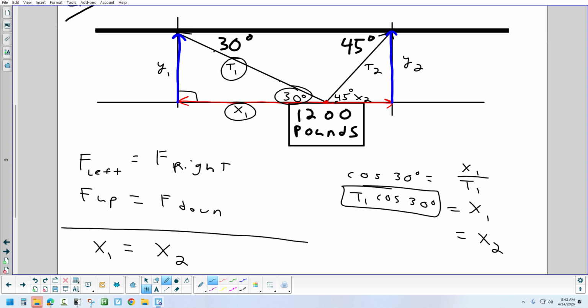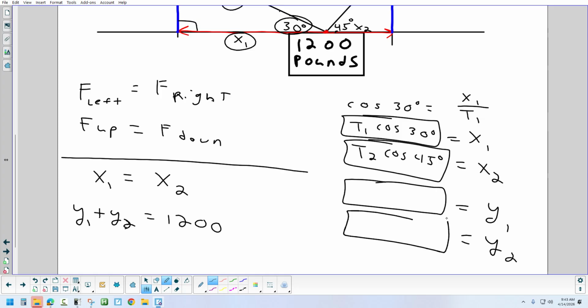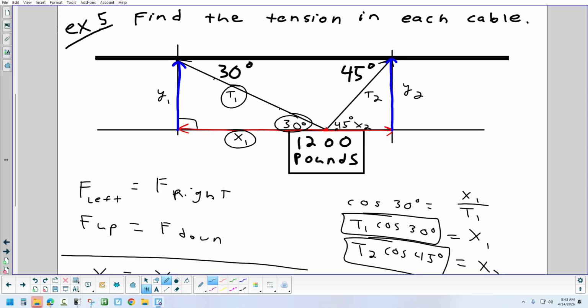Yep, T2 cosine 45. Good. Now let's do y1 and y2. How about the formula for y1?